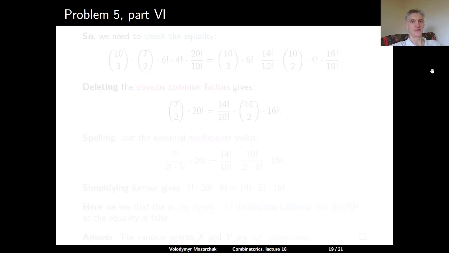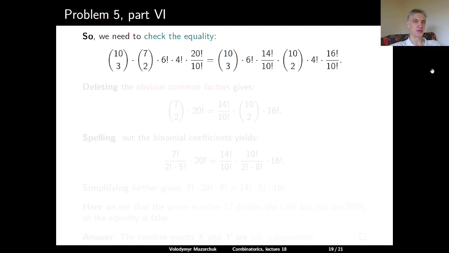And now we have the equality which we need to check to determine whether X and Y are independent. So the left-hand side is the cardinality of the intersection times the cardinality of omega. So this is equal to 10 choose 3 times 7 choose 2 times 6 factorial times 4 factorial times 20 factorial divided by 10 factorial.